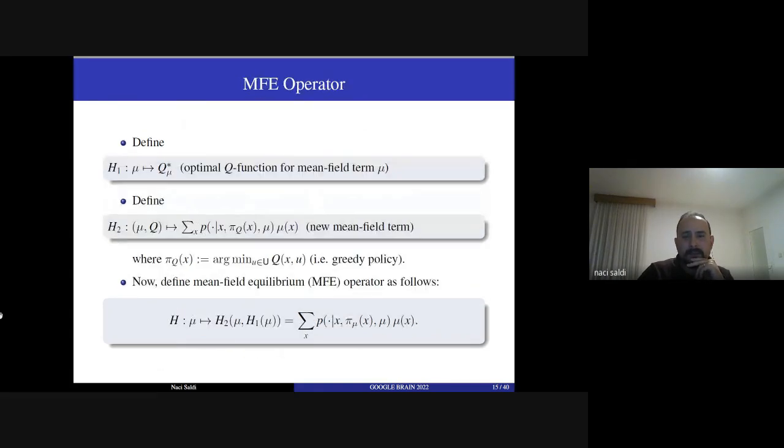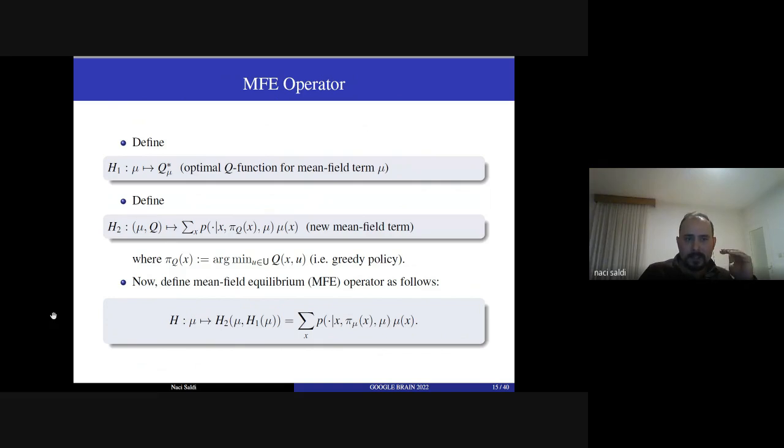And now it's time to define the mean field equilibrium operator. Our mean field equilibrium operator is denoted by H, and it is a mapping from the set of mean field terms to the set of mean field terms. It's a composition of two operators. The first operator is H1.